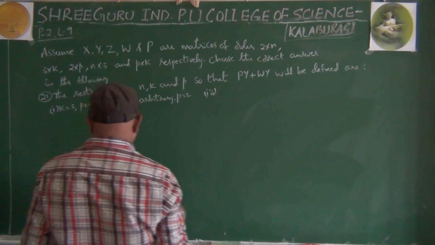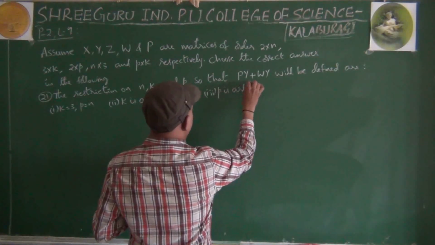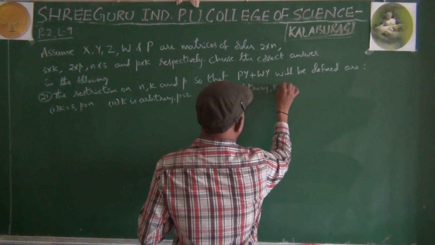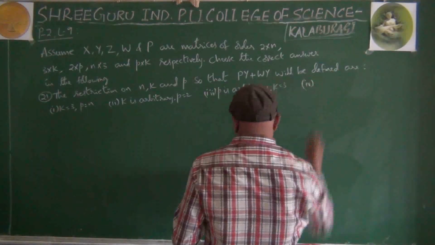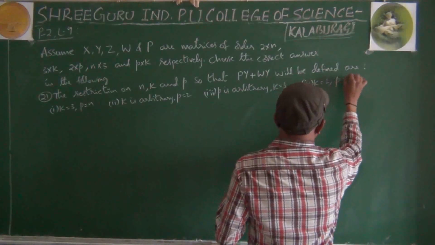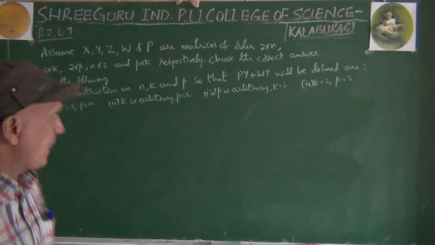Third option: p is arbitrary, k equal to 3. Fourth option: k equal to 2, p equal to 3.